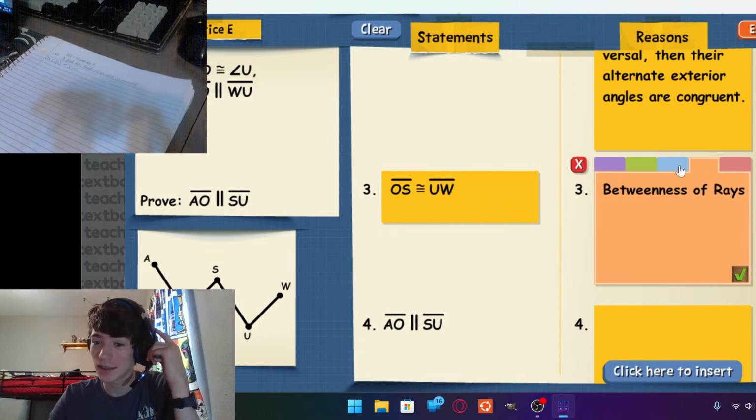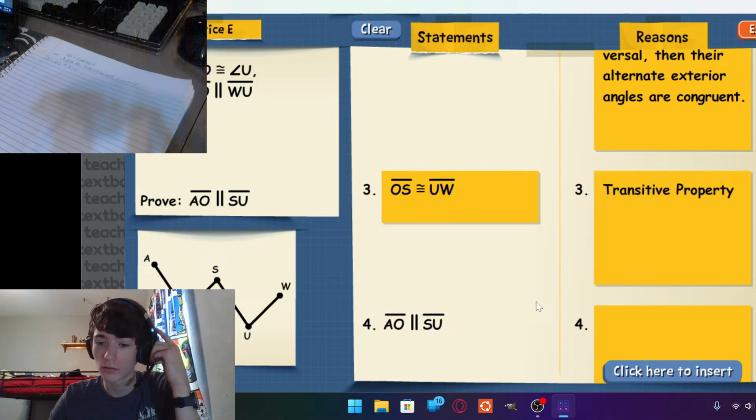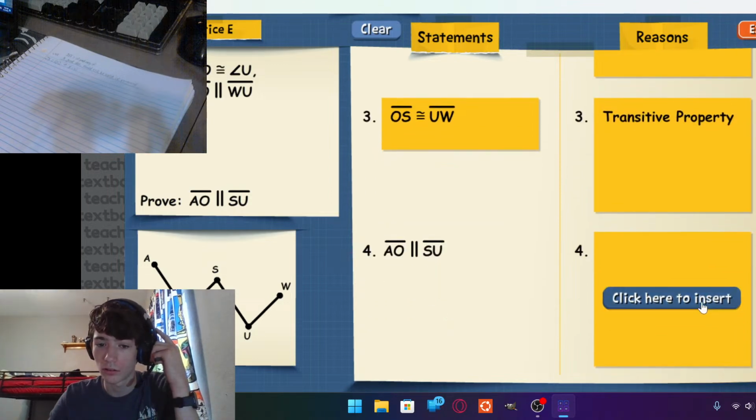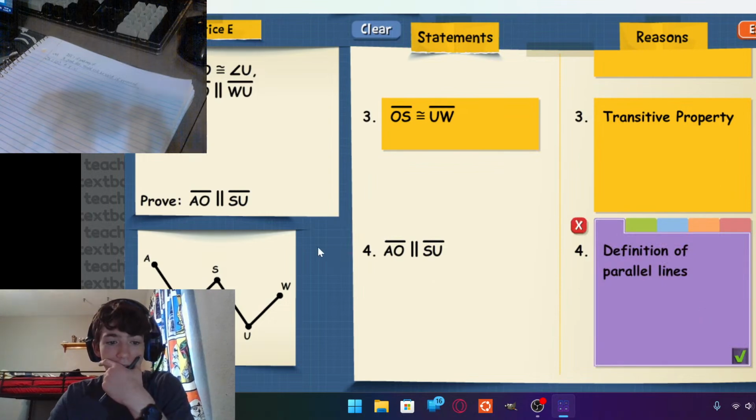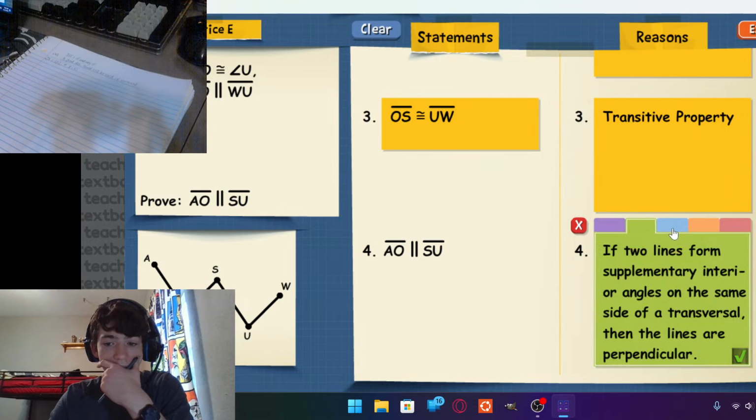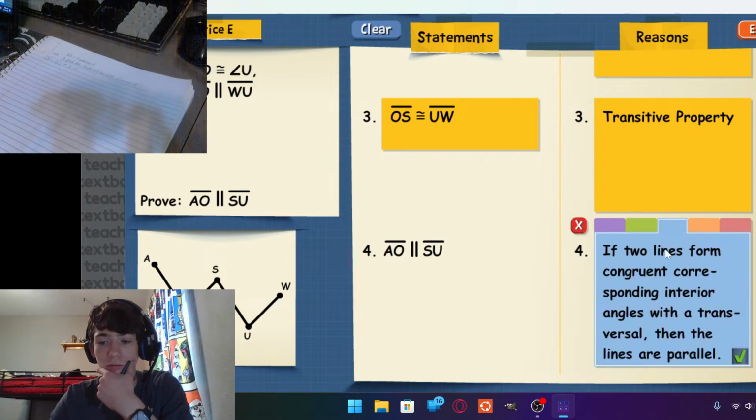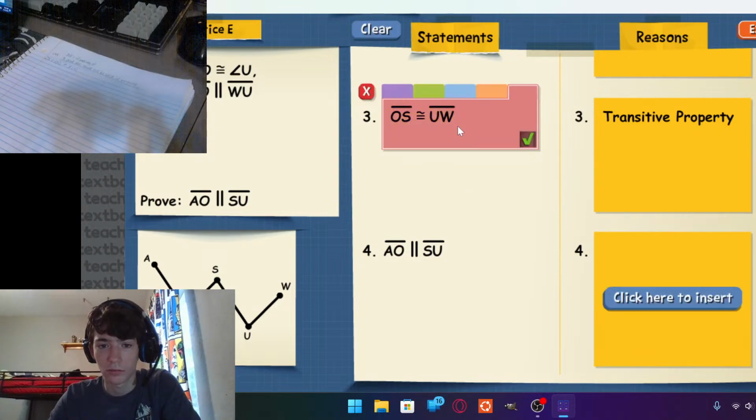I believe that's the transitive property. AOSU. Wait. Transversal? Okay, wait. I was wrong.